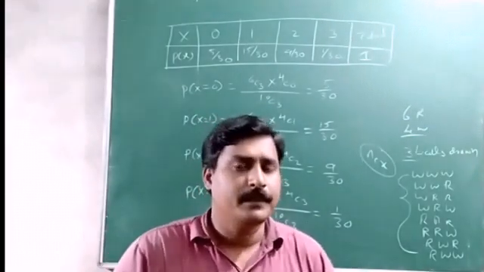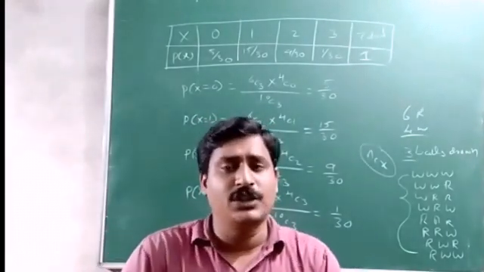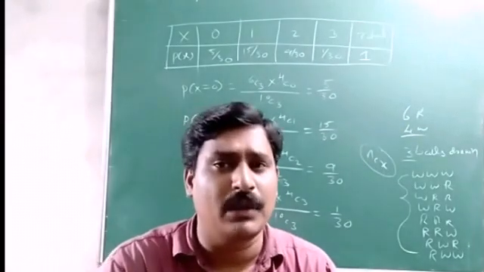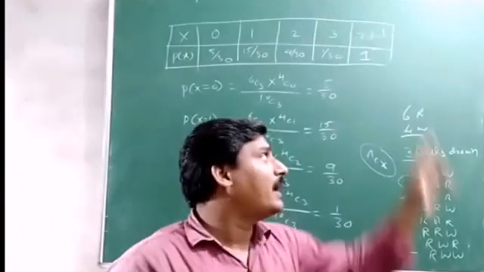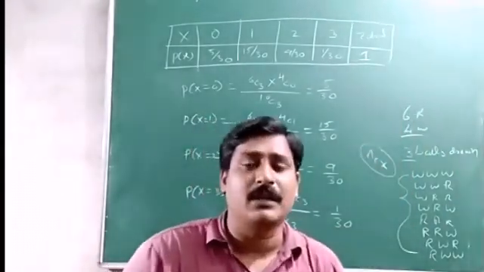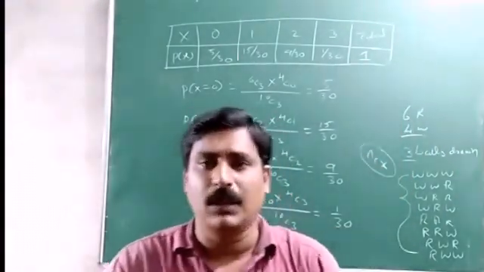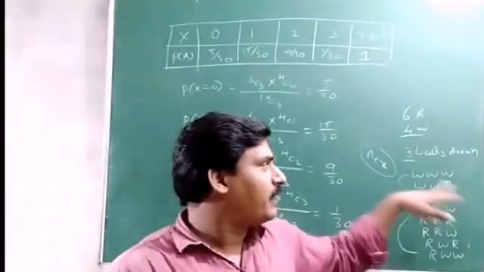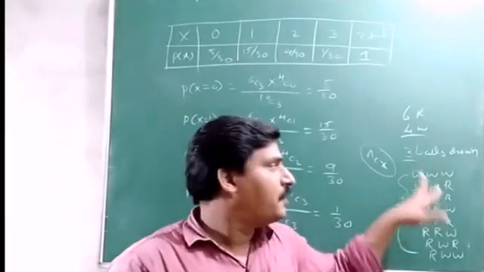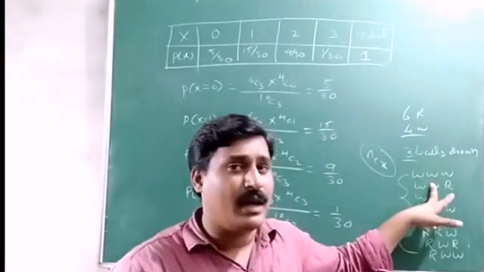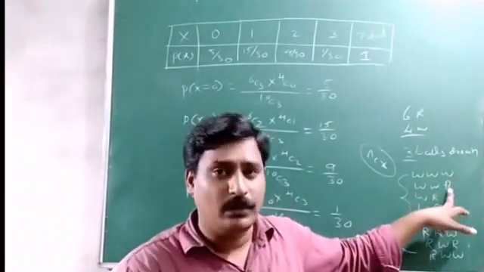Here, suppose we assume that all white balls are marked by the numbers 1, 2, 3, 4 and all 6 red balls are marked by the numbers 1 to 6. So here, first white ball, second white ball, third white ball. First white ball, second white ball and fourth white ball.